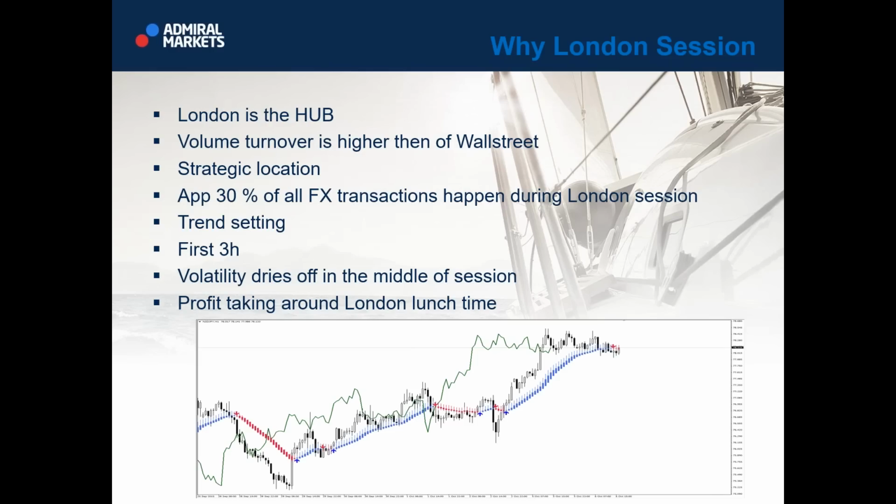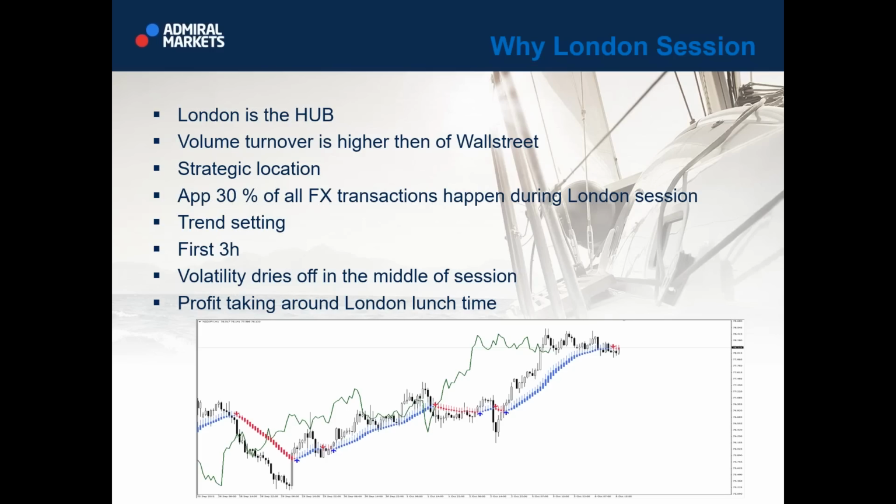Because first of all, London is the hub of forex trading. Volume turnover is higher than that of Wall Street. Also, London is a great strategic location for all trading sessions. So even if you're not living in Europe, you can always try to trade London Open.